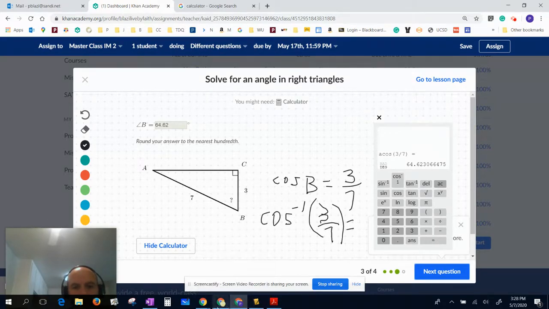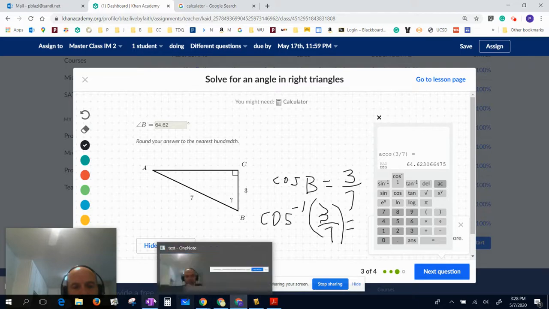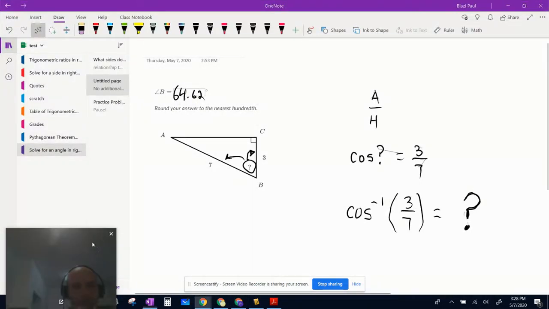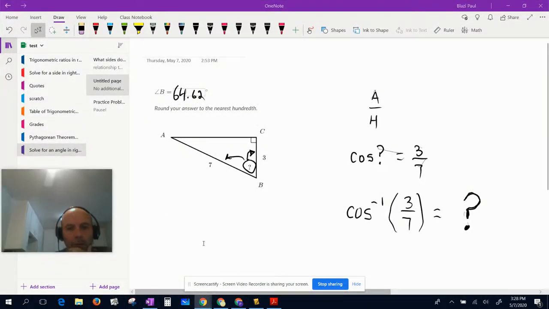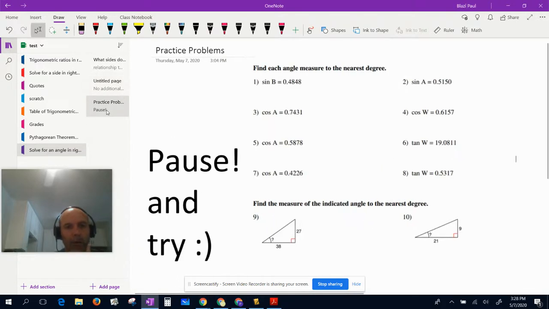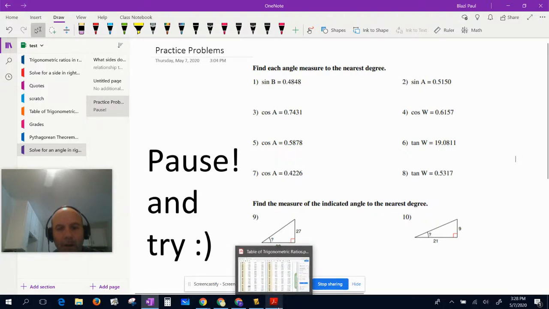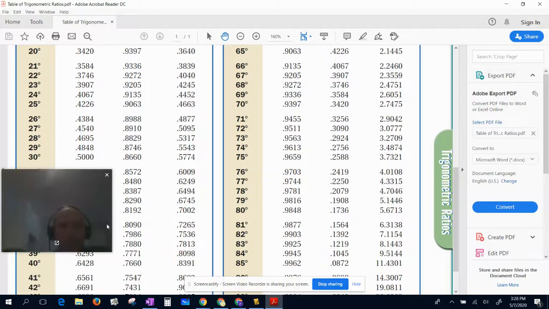But I do have another page here of practice problems. All right. Find each angle measure to the nearest degree. Now what we're going to do here, it says sine of B equals 0.4848. On this, we're going to use the table of trigonometric ratios. So 0.4848, sine 0.4848 is where?